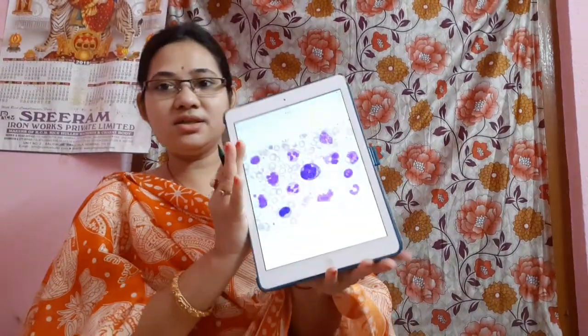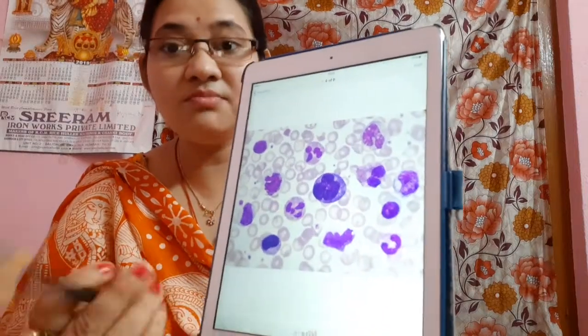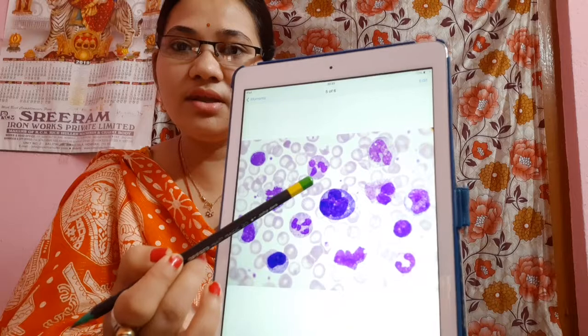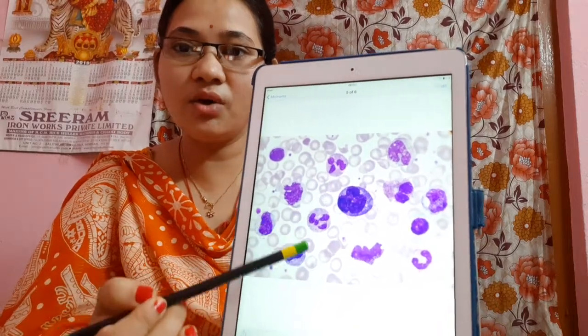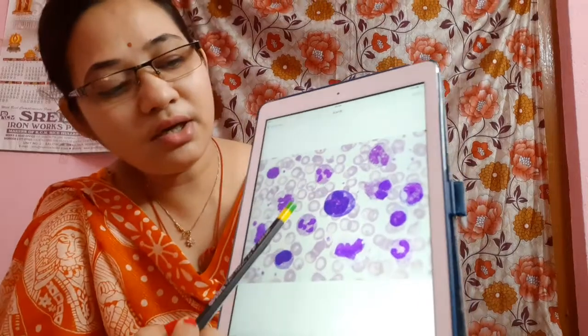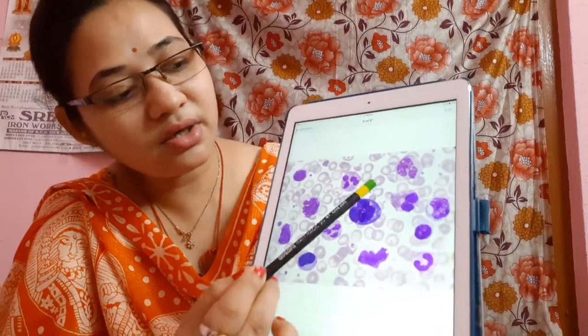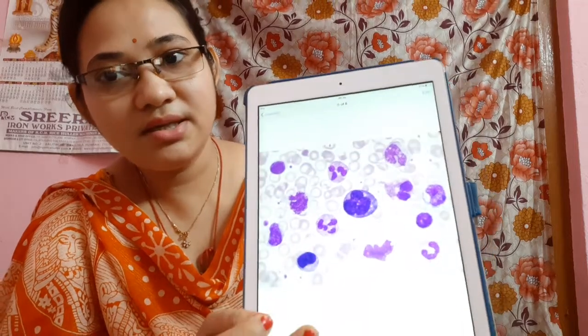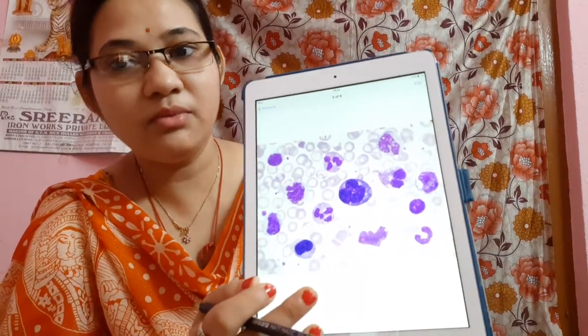Now these blood corpuscles, if you see a smear of blood, a thin film of blood, these are the RBC cells, discoidal shaped, disc-like, biconcave cells, and these are the different types of WBC cells.